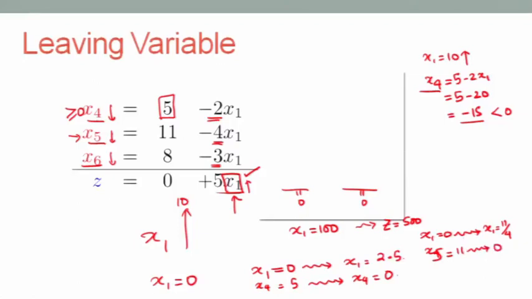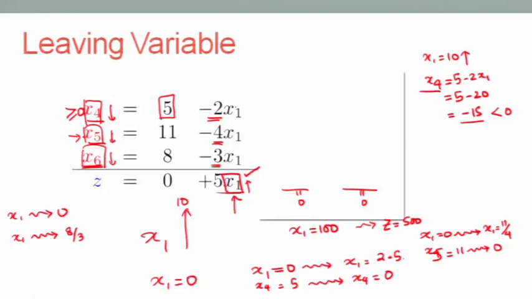Right? Likewise, x1 can start at 0 and x1 can go all the way up to 8 by 3, okay, before x6 becomes 0. Alright, so each of these variables, x4, x5 and x6, places their own constraint on the increase of x1.